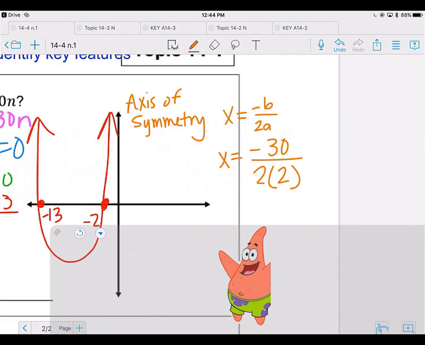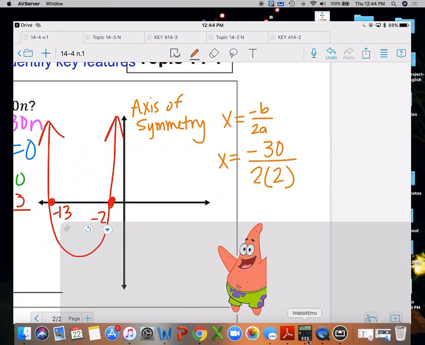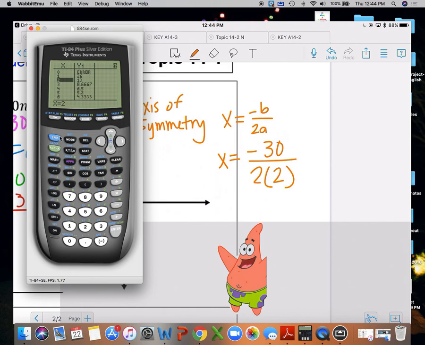Now the cool thing is I can put that in my calculator exactly like I see it. So remember, if we go alpha, oh, this one doesn't do it, sorry. Alpha y equals, or you can do parentheses and do negative 30 divided by 2 times 2.